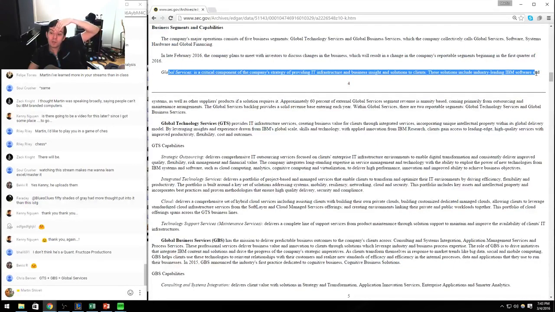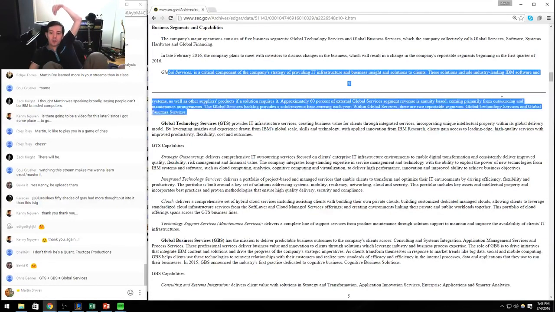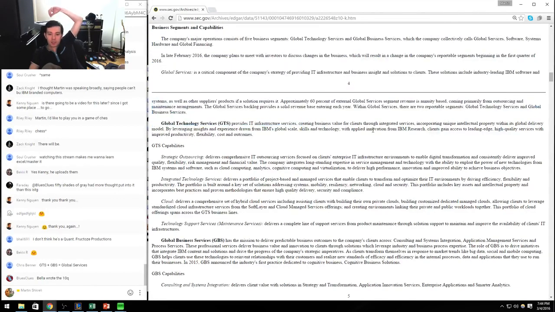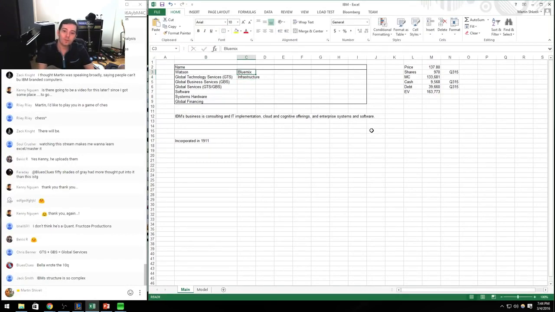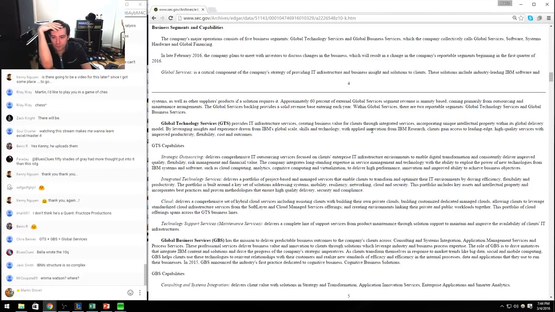The solutions include IBM software and systems as well as other suppliers' products. 60% of the services segment is annuity-based, coming primarily from outsourcing and maintenance. GTS provides IT infrastructure services. Okay, so it's outsourcing in essence.